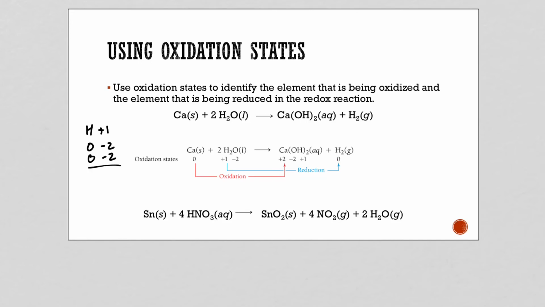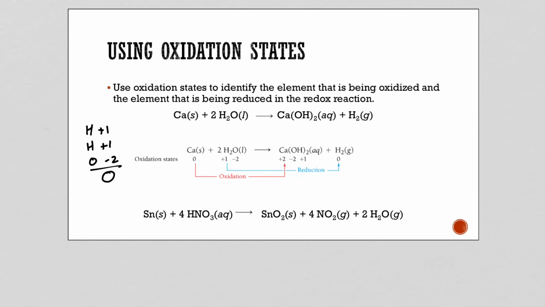Oops, I miswrote that, sorry. We're going to have another H and another O, +1, -2. All of these add up to 0, just as the charge on the compound.